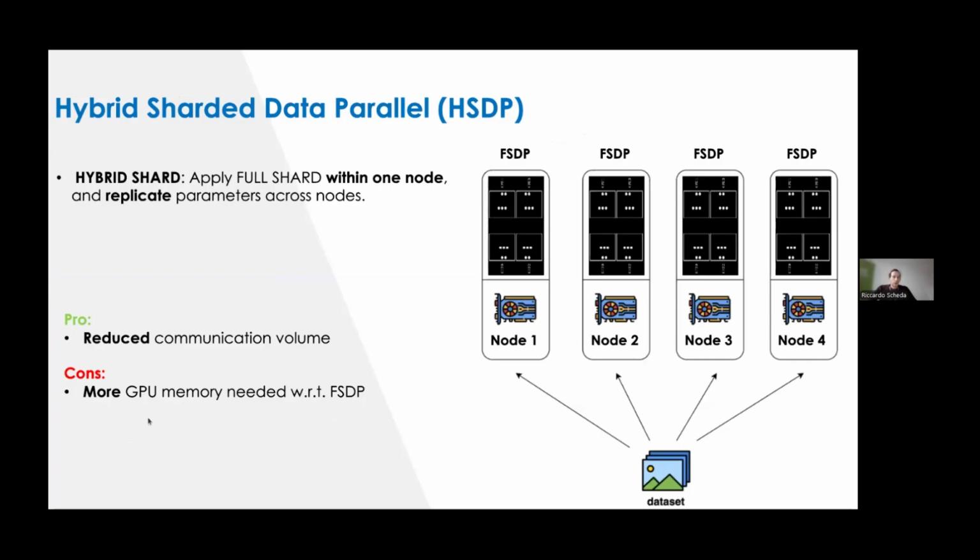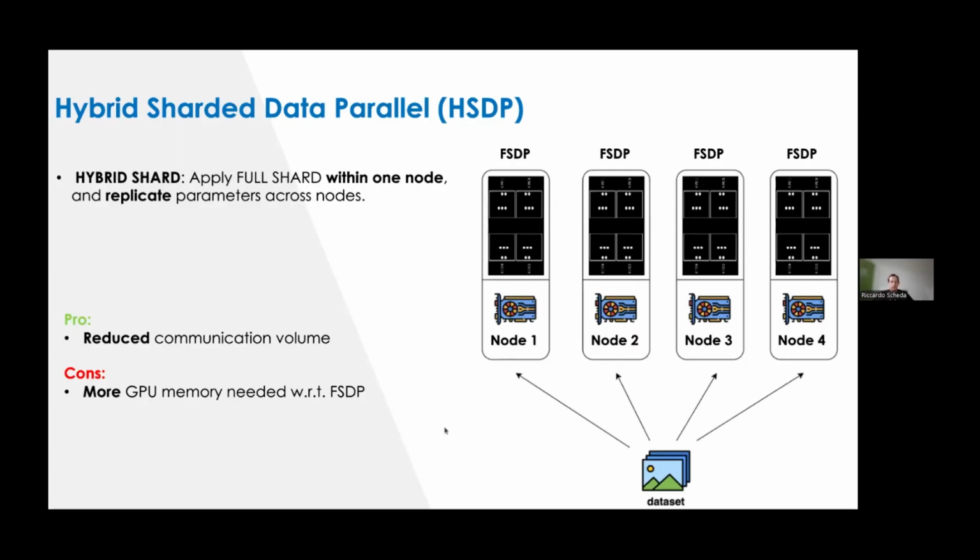Okay, now we have another technique which is called hybrid sharded data parallelism, similar to FSDP, but here we have different replicas across the nodes. For example, in the first node, we will have the model sharded across the GPUs of the single node, and this is replicated for all of the nodes.